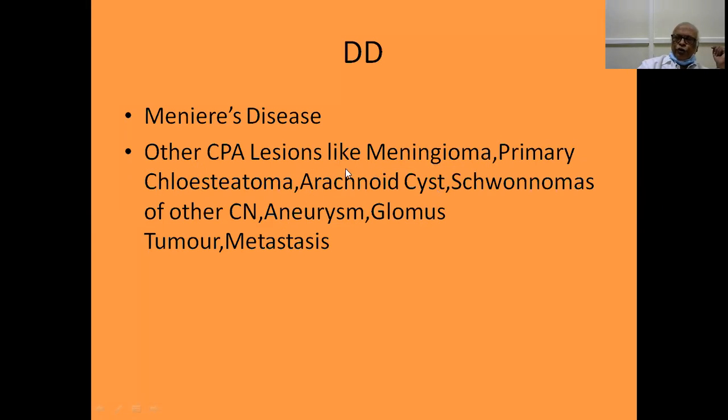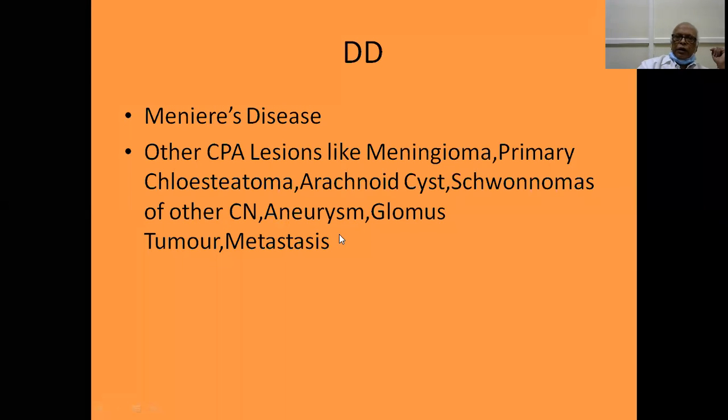It will be radiolucent. And there will be schwannomas of the other cranial nerves, like schwannoma of the fifth nerve or ninth or 10th nerve. And there may be aneurysm, which also looks like an acoustic neuroma, or it may be a case of glomus tumor.